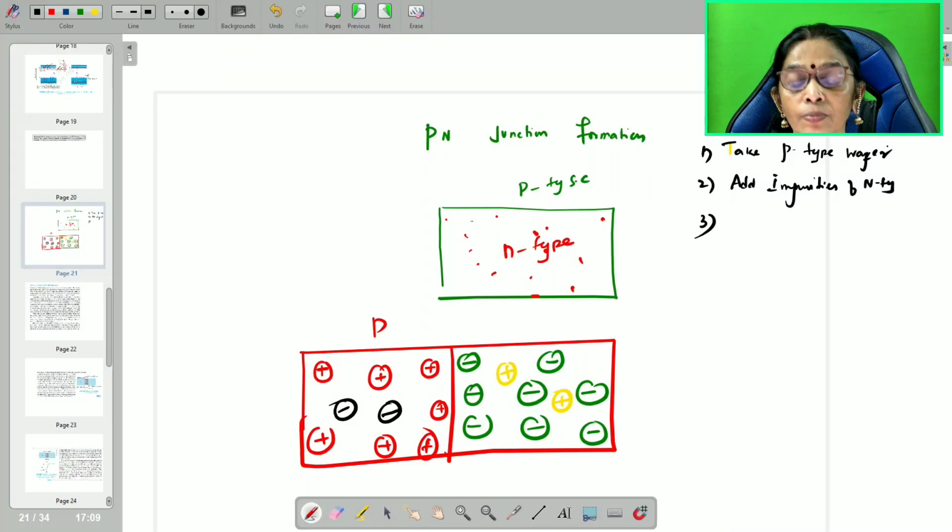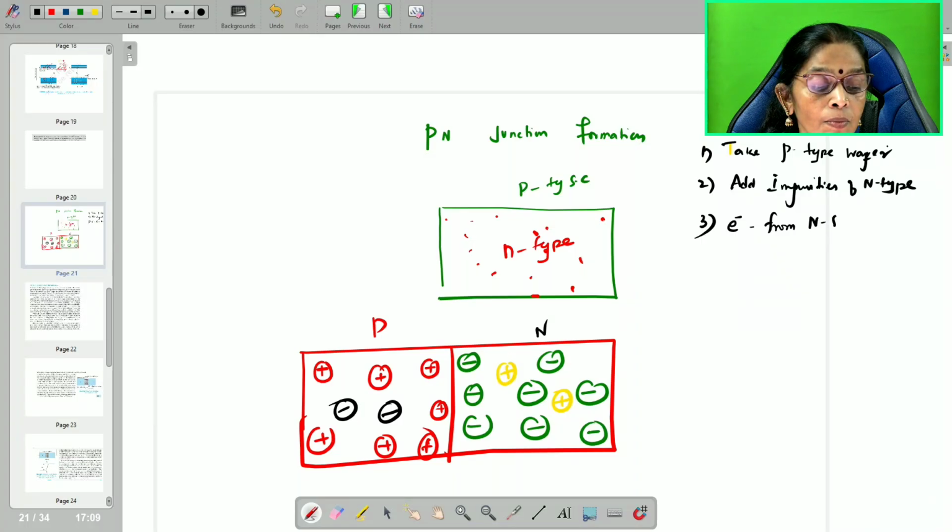Got it? Now, I have added impurities of n-type. After adding the impurities of n-type, electrons from the n side, which are all free electrons, slowly move towards the p side.